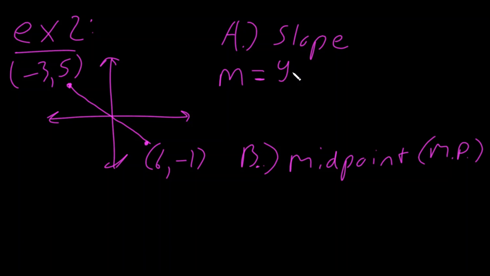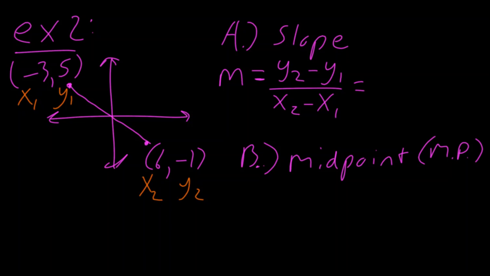And I'm going to go ahead and do the more technical way. We'll do y2 minus y1 over x2 minus x1. And this will, of course, require us to label some things. So let's take this point right here, and let's call this x1, y1. Let's call this one x2, y2.